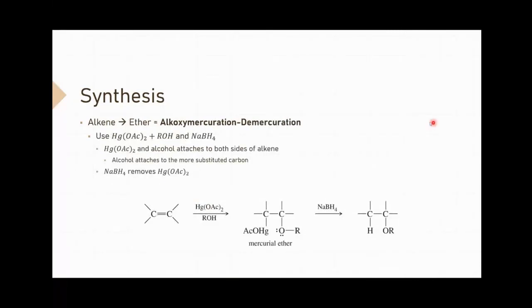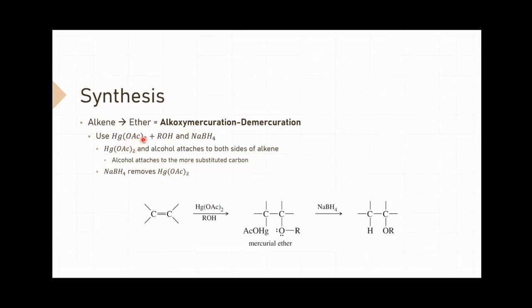Another way to make an ether is if you have an alkene. If you have an alkene, what you can do is an alkoxymercuration-demercuration. So these would be the reagents.